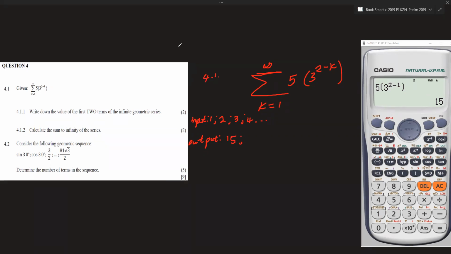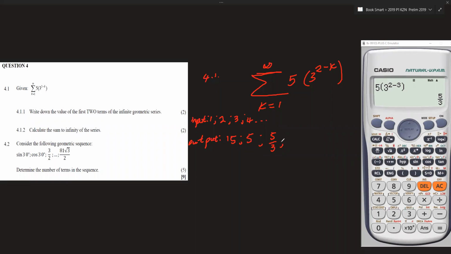Now we need the second output. The second input is 2, so I'm going to input 2 now. When we input 2, we get 5. Now let's input 3. With 3, we get 5 over 3.